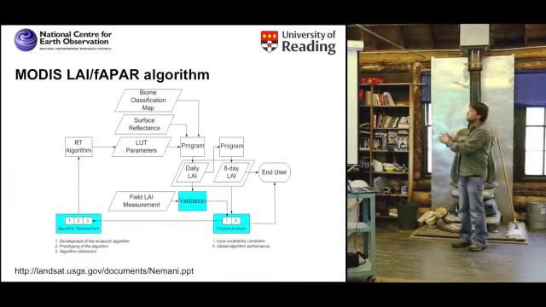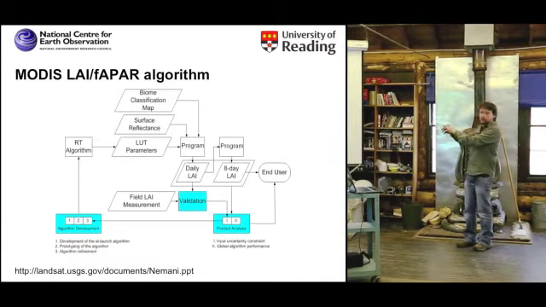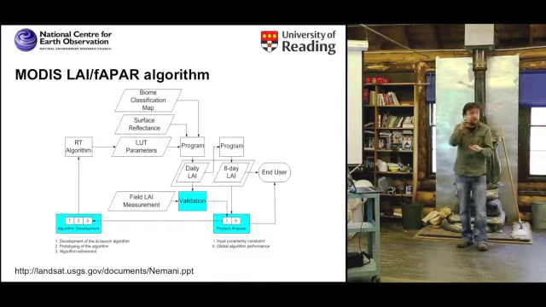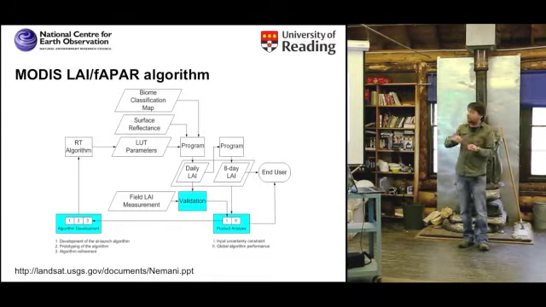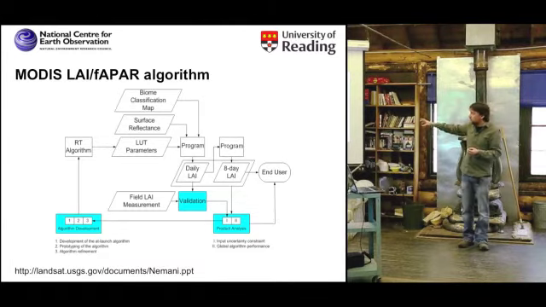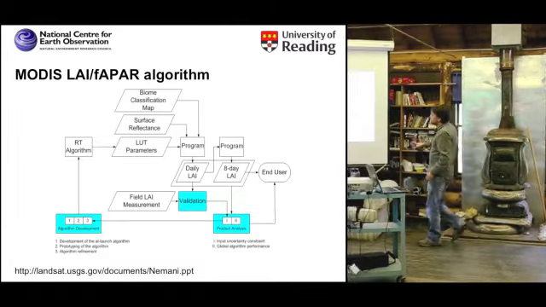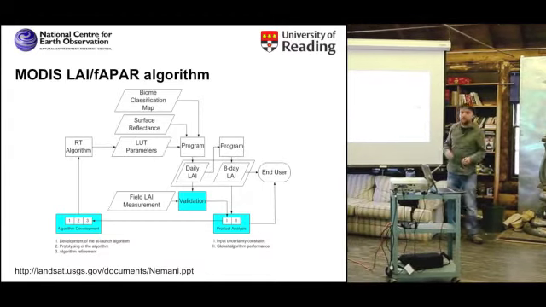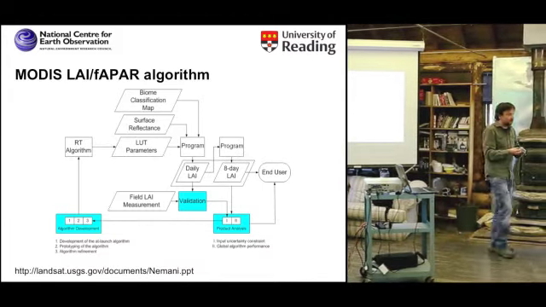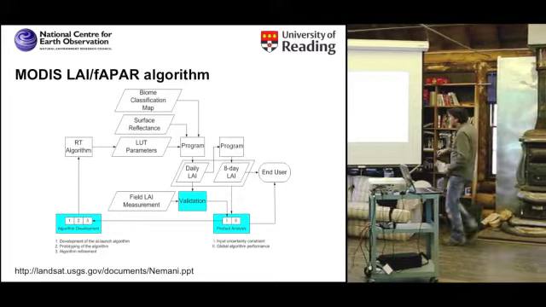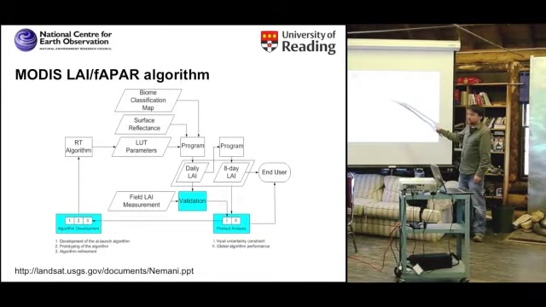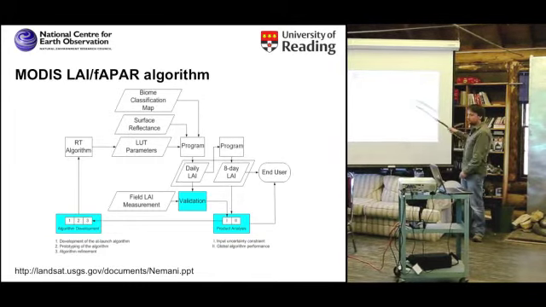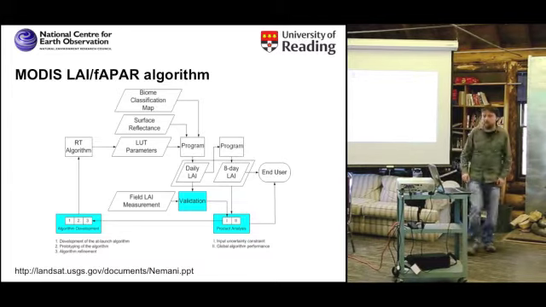So really the main thing I want you to take from this map is there's a whole bunch of complex stuff that happens to that reflectance data to turn it into leaf area index. And really, all this other stuff that happens isn't data as such, right? The stuff that we observe is this. And then it goes through all this other transformation to get to leaf area index.